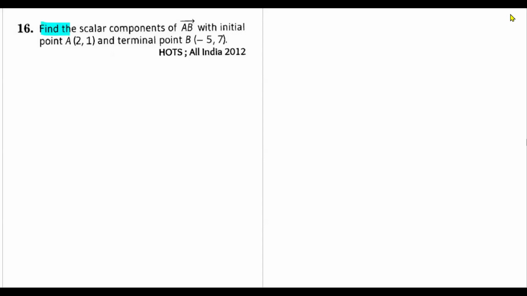The next question is to find the scalar components of AB with the initial point A and the terminal point given here. Say A is the initial point, 2, 1, and B is the terminal point, minus 5, 7.